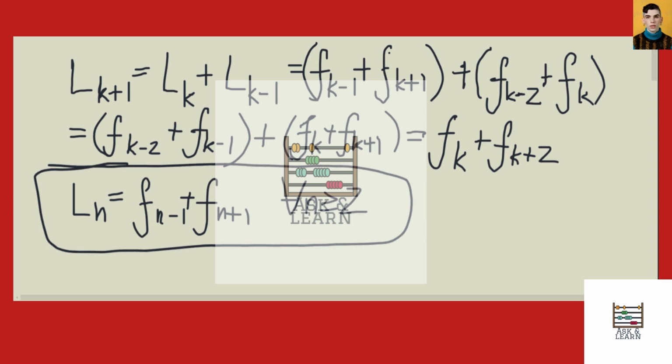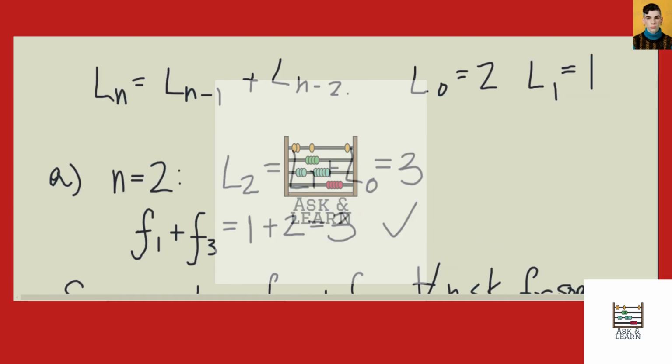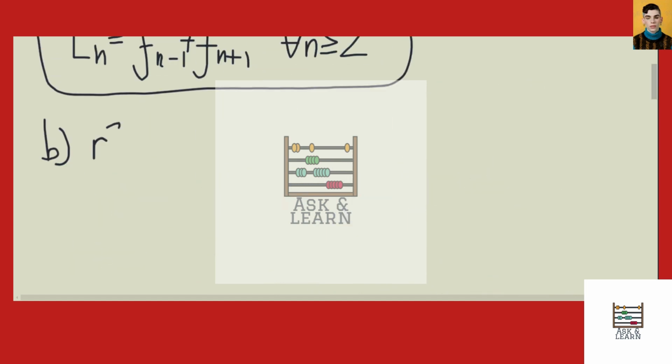And in part B, we're asked to find an explicit formula for the Lucas numbers. So we have that the Lucas numbers have a linear homogeneous recurrence relation, and so the characteristic equation is r squared minus r minus 1 equals 0, which has roots r equals 1 plus or minus the square root of 1 plus 4, which is 5, all over 2.